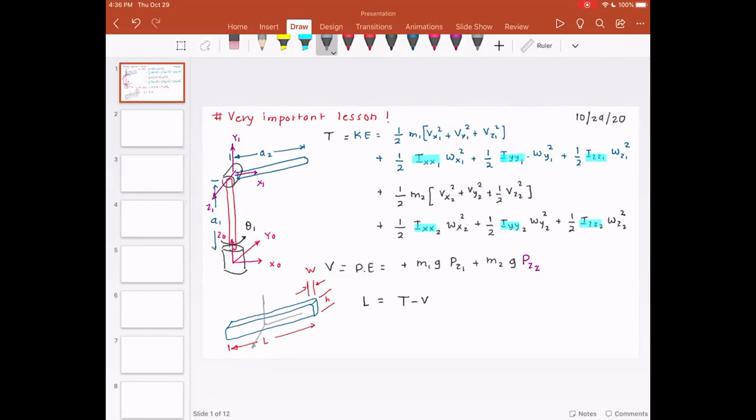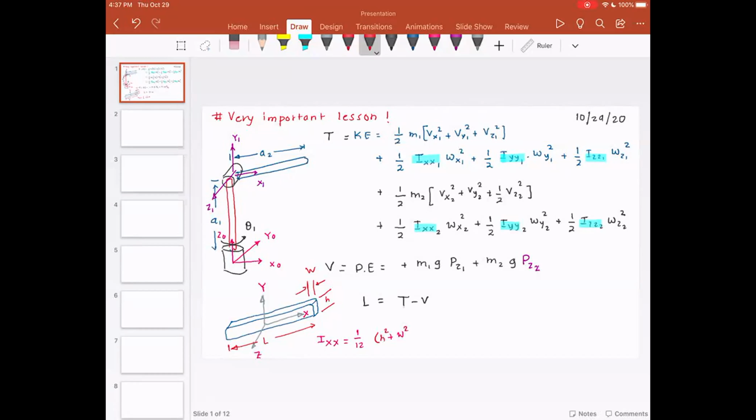Please note that this is how I'm setting the coordinate system. It has to be a right-hand coordinate system. This will be X. This will be Y. This will be Z. We found Ixx is 1/12 M (L square plus W square).